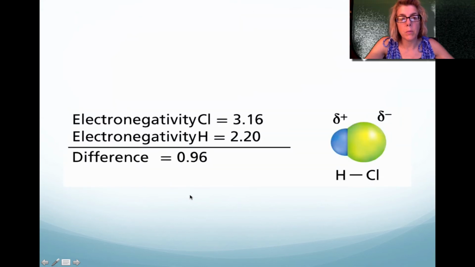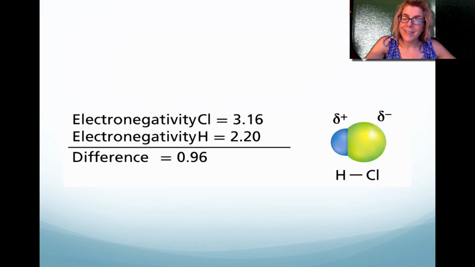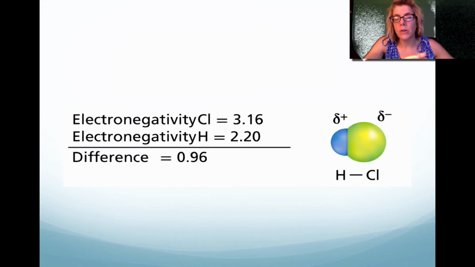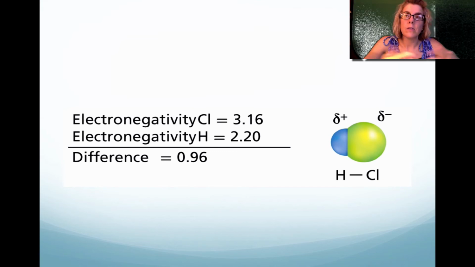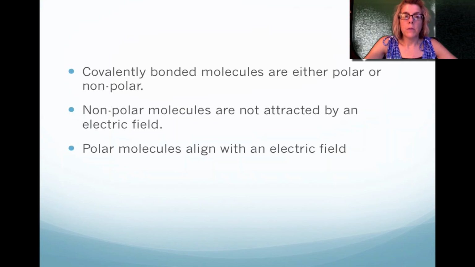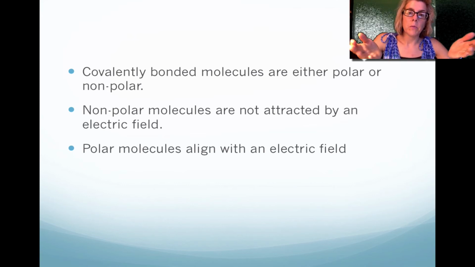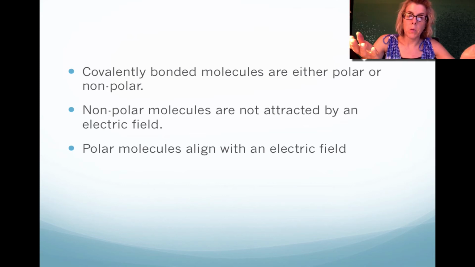Okay, here's an example of a dipole. We have hydrochloric acid, and notice that the hydrogen has a slightly positive charge, whereas the chlorine has a slightly negative charge. And that difference is greater than 0.4, and as a result, it's more of a polar covalent bond. Now, please remember, when we're looking at covalent bonds, we're talking about either polar or nonpolar.